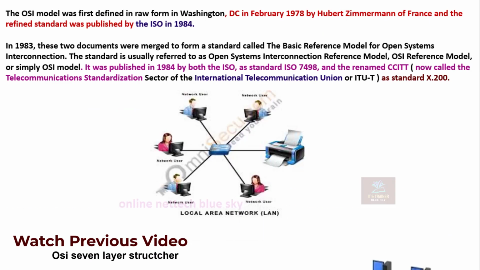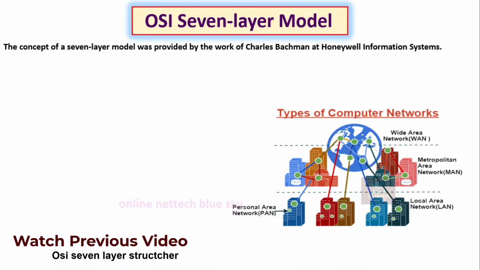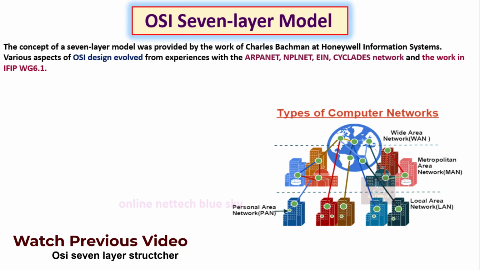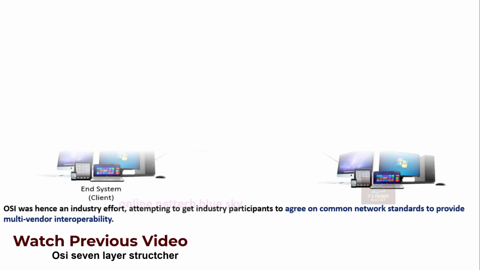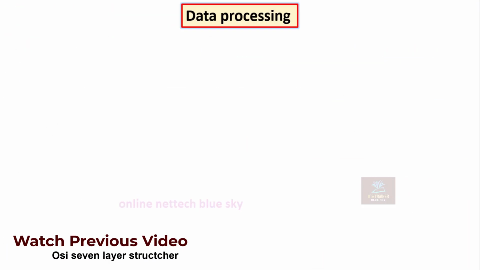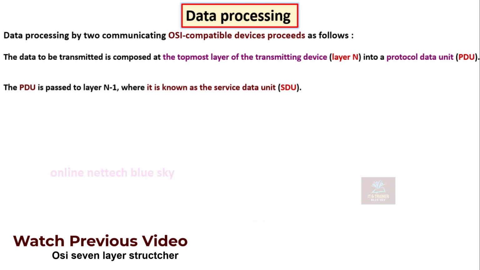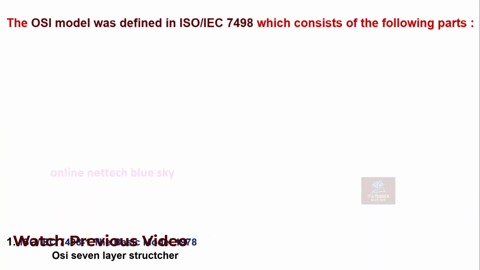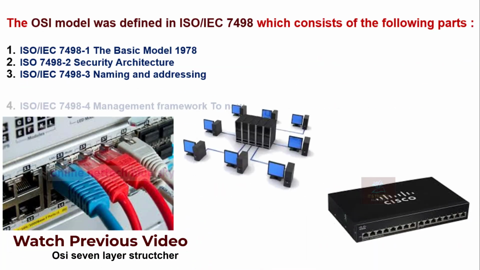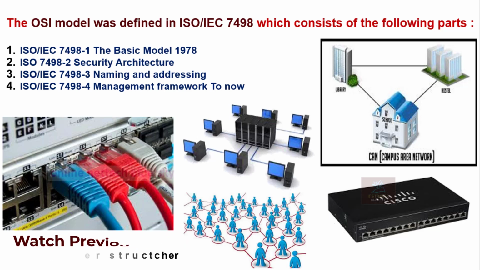The OSI layer is very important to understand everything in your computer. Watch the OSI 7 layer model video. You can see data processing, how your data is transferred in your computer, and the architecture of the OSI model from one side to another.